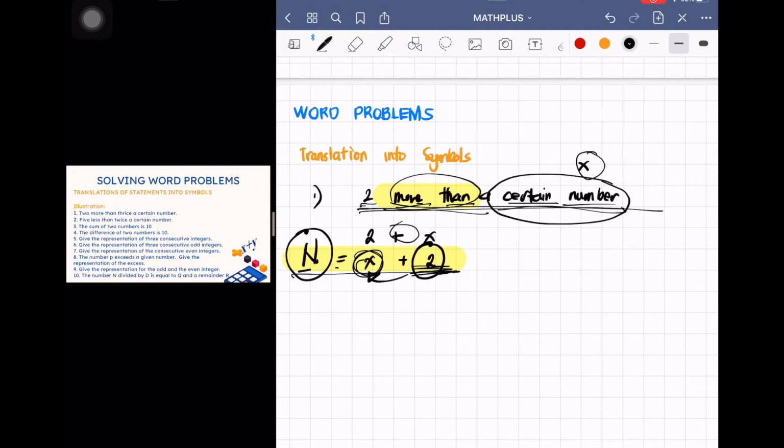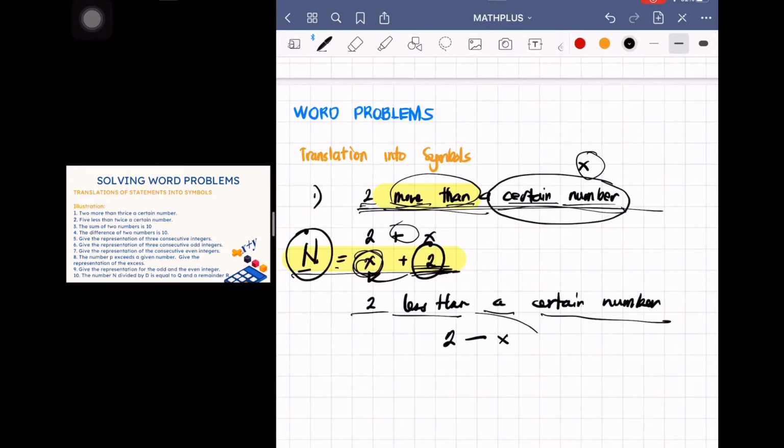given that you have. Pero paano kapag ang nakalagay dito is 2 less than a certain number? Kung ang style natin ng pagta-translate is yung kung ano yung naunang nabanggit sa statement, you might write this as 2 less than, which suggests subtraction, a certain number which is x. In this particular translation, this is wrong.